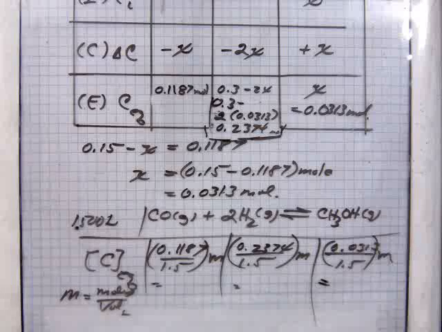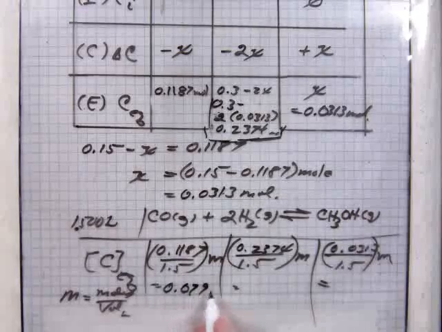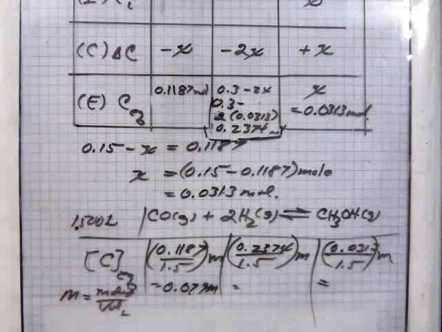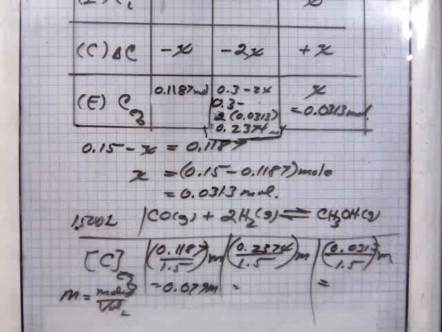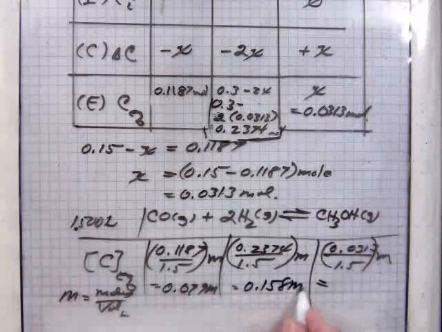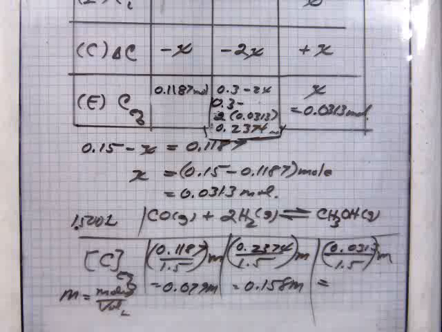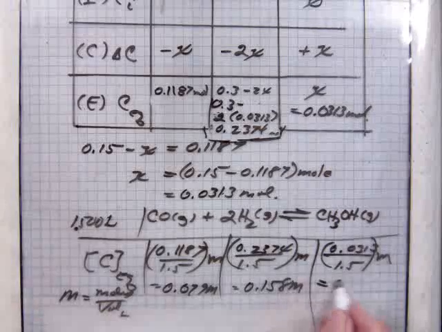So punching them in the calculator: 0.079 molar, 0.158 molar, and 0.021 molar.